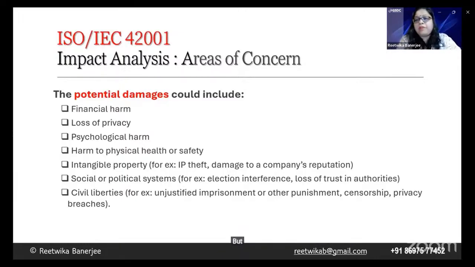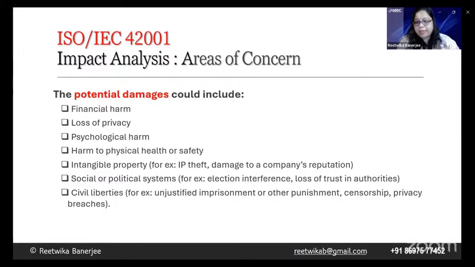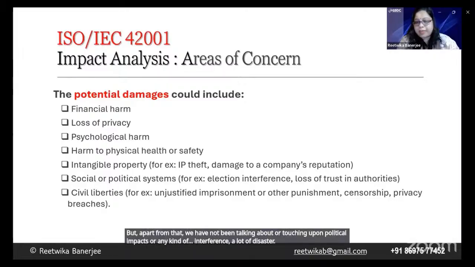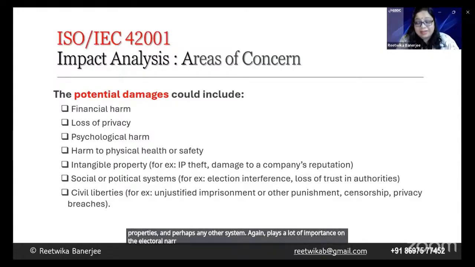But apart from that, we have not been talking about or touching upon political impacts or any kind of election interference as part of any of our risk. It again places a lot of importance on electoral narratives, which might bias people's decision making, right?